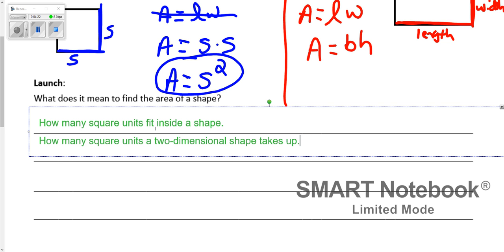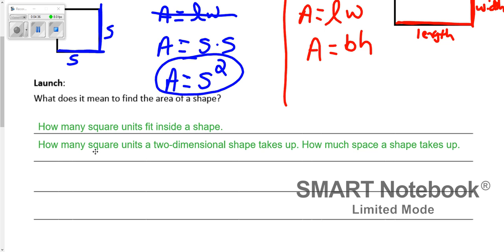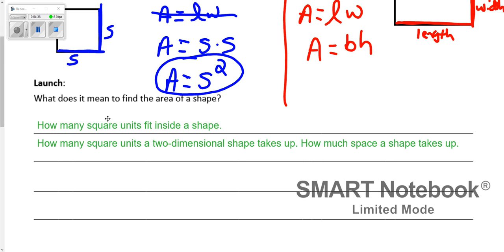How many square units or how much space a shape takes up. We're only talking about flat shapes here. Area is a two-dimensional measurement. It is a flat measurement. When you get into 3 dimensions, you start talking about things like volume.